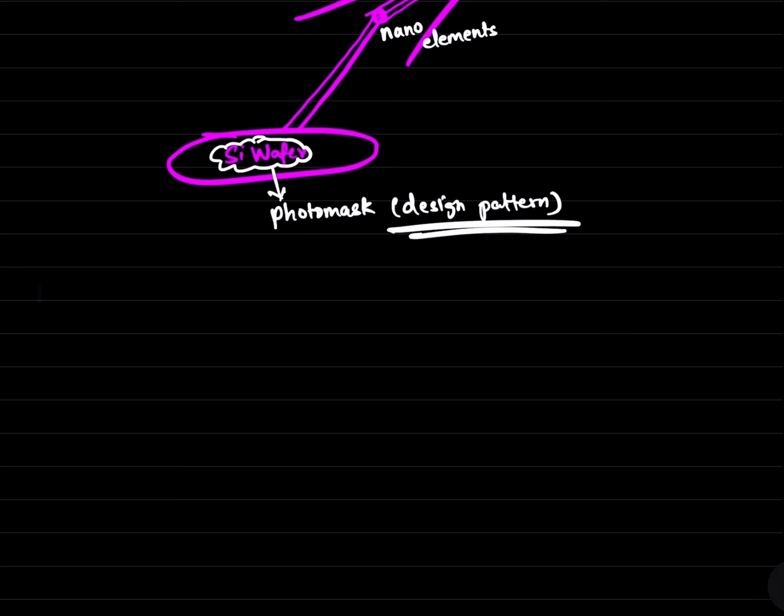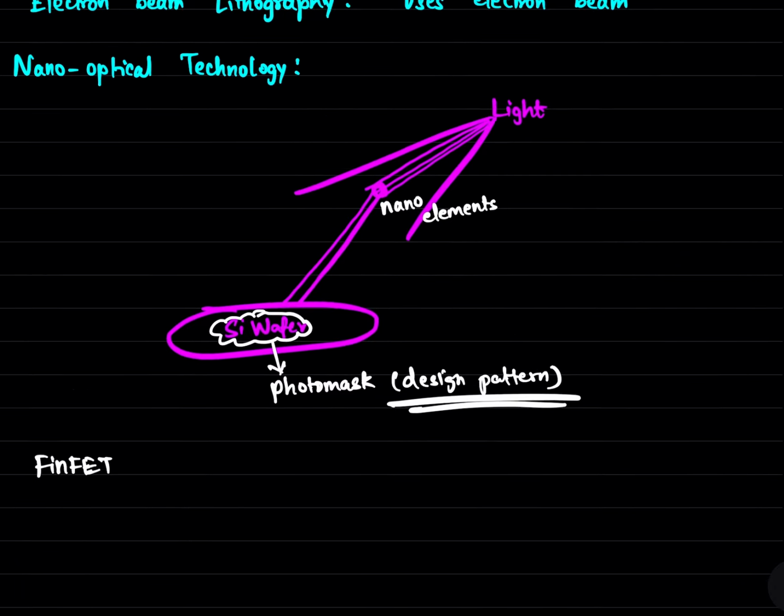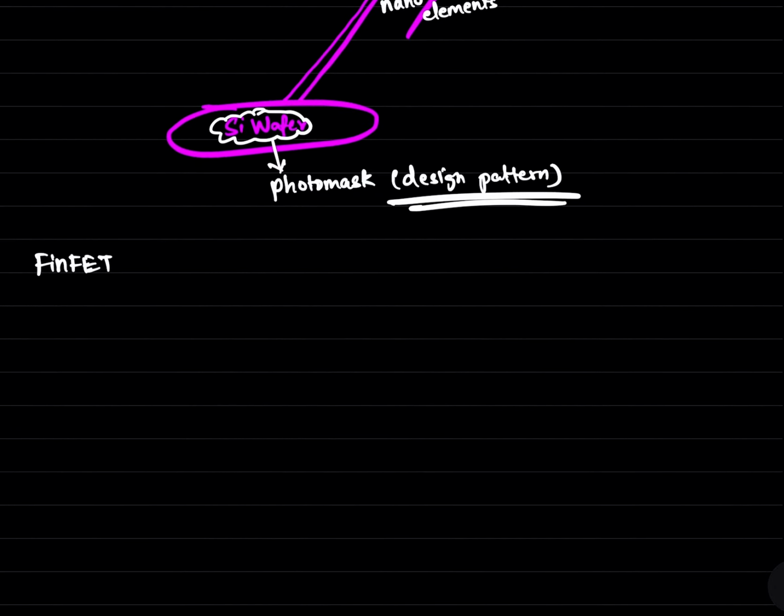Another technology is FinFET technology. FinFET technology is a little bit advanced, in which we use a 3D transistor design. What we will be studying is mostly 2D technology transistors, but this is a 3D transistor design, which enables better control of current flow.